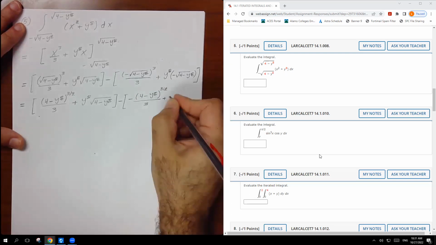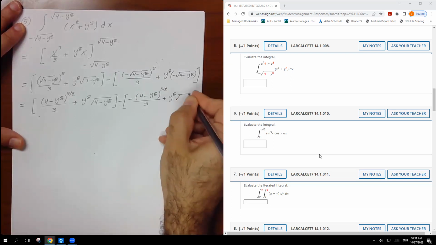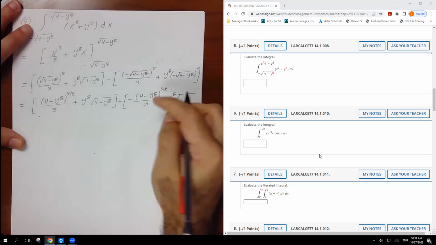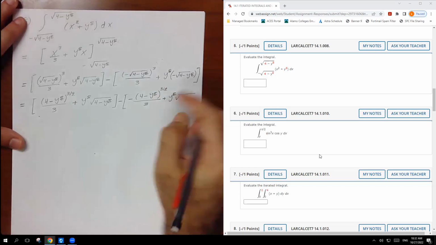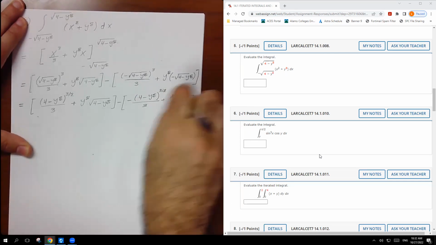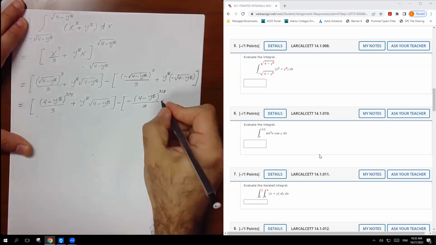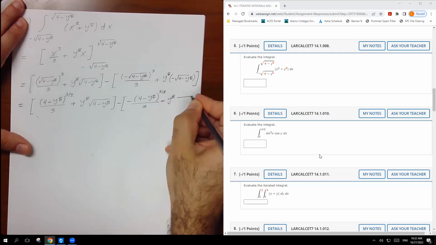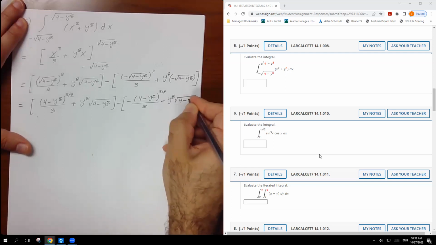Plus, I'm going to keep this one, y to the power 8 times square root of negative. I'm going to take the negative out, so it's going to be minus here. So minus y to the power 8 square root of 4 minus y to the power 8.